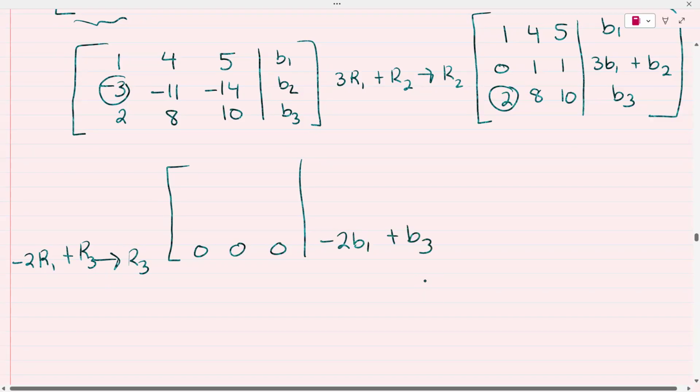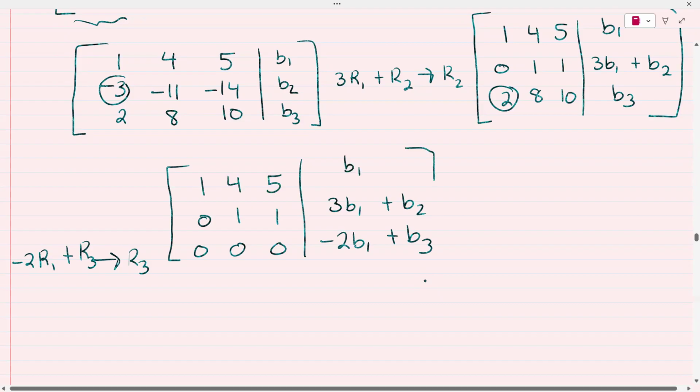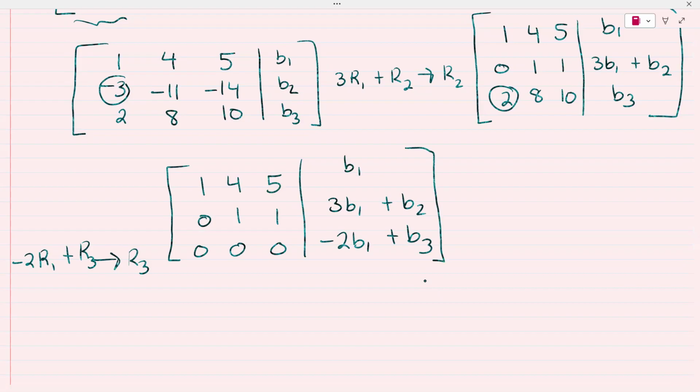And then this is going to be 0, 1, 1, 3b1 plus b2. And then this is going to be 1, 4, 5, b1. Okay. So you can stop here.